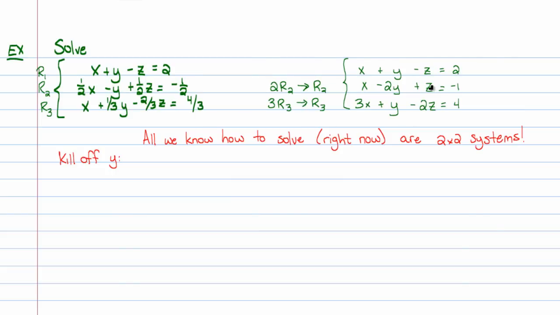What I'm going to do to kill off the y's is I'm going to take twice that row 1 so that I can make the coefficient on this y a positive 2. And I'm going to add that to row 2.